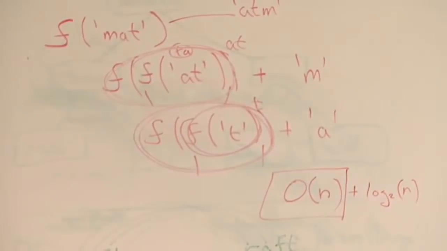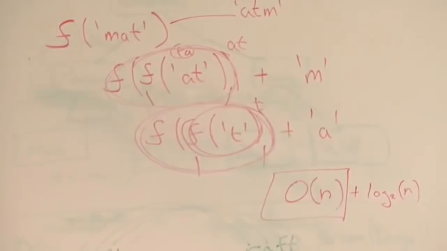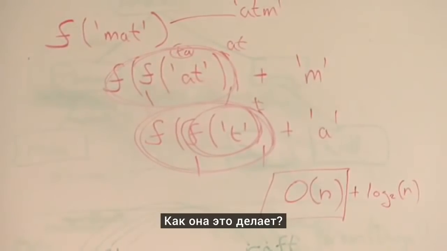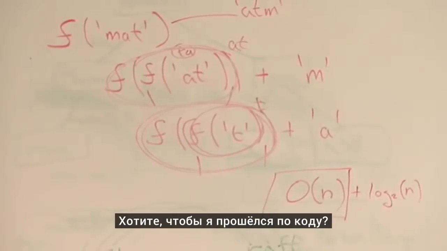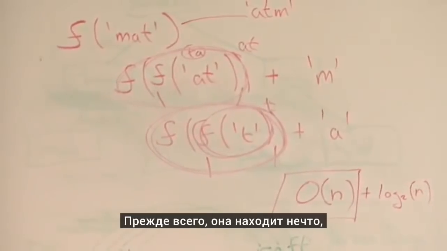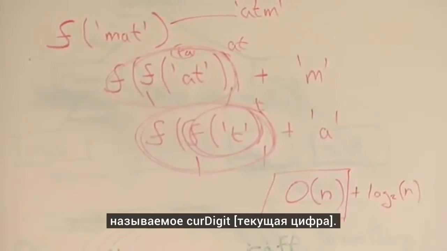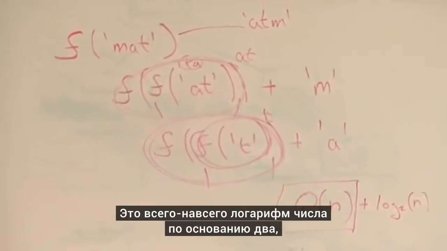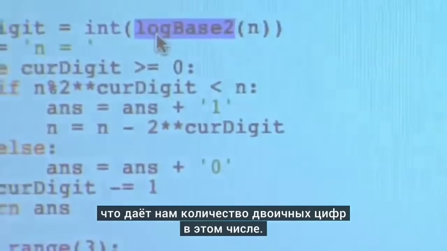All right. How does f of n return the binary? Oh, you want me to walk through the code now? First thing it does is it gets something it's calling cur digit. All that is, if you take the log base 2 of a number, you're going to get the number of binary digits in it.